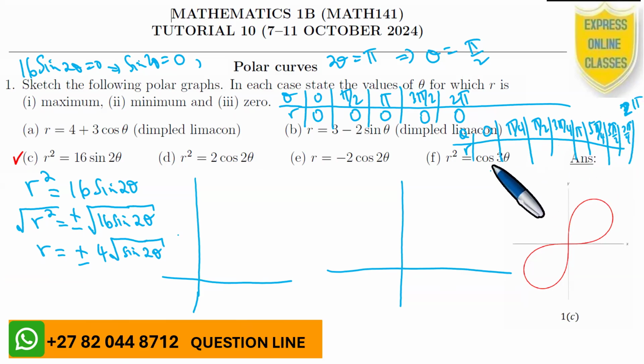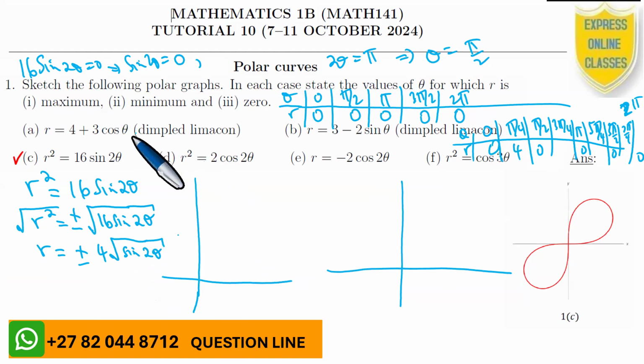At 0 we have zeros. We just have to come with the pi over 4 here. Like at pi over 4, then it's going to be pi over 2, which is going to become a 4.